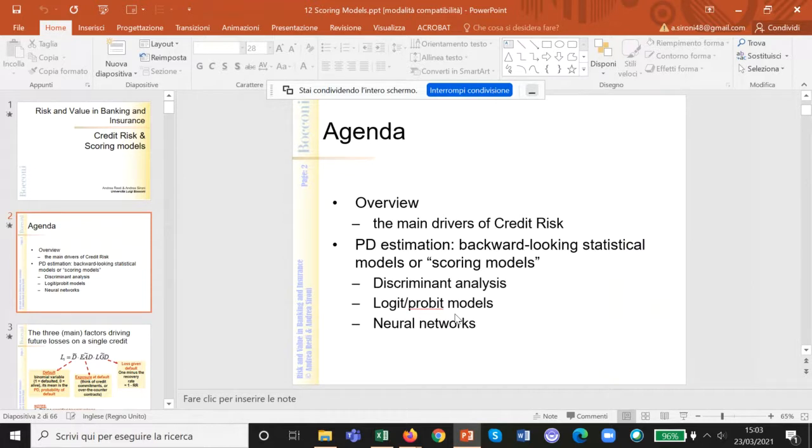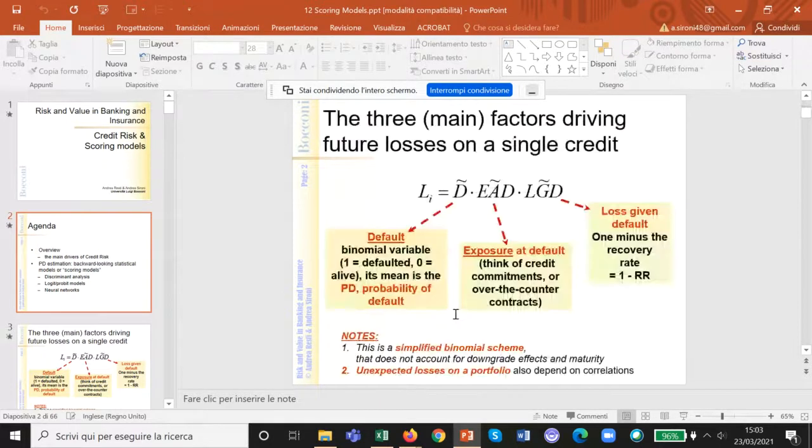Now these scoring models, the most well-known ones, are discriminant analysis, and we'll spend quite some time today discussing discriminant analysis, and logit or probit models, which are more kind of regression models, and neural networks. Okay, so those are the models that we'll try to examine today.